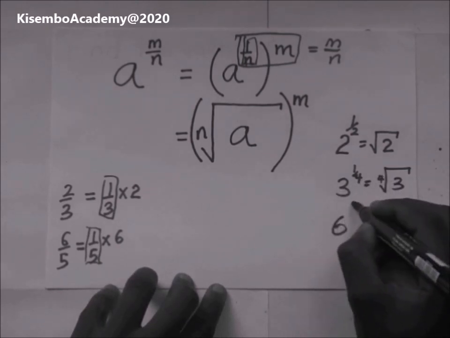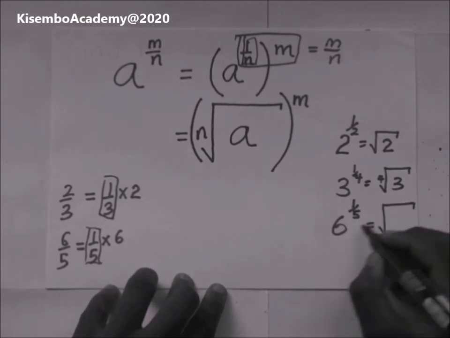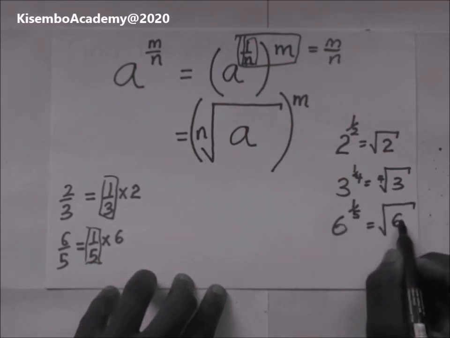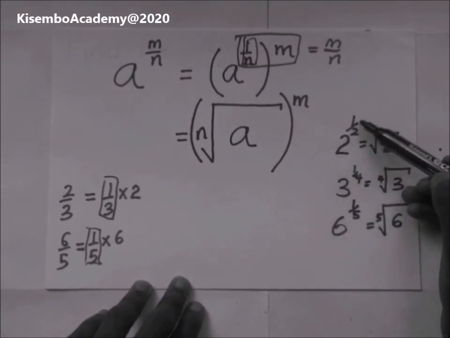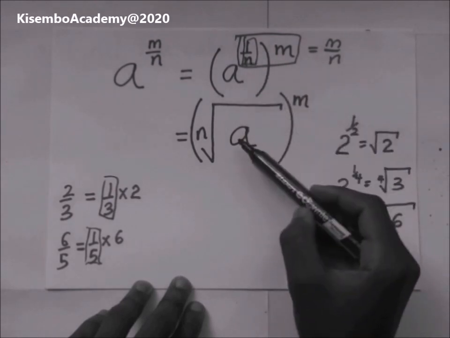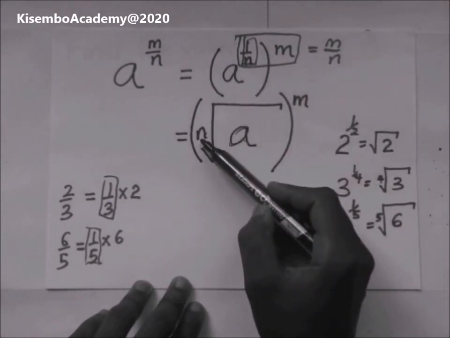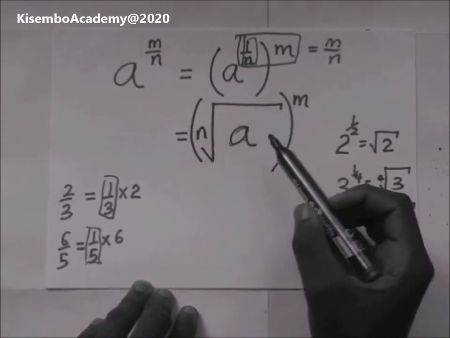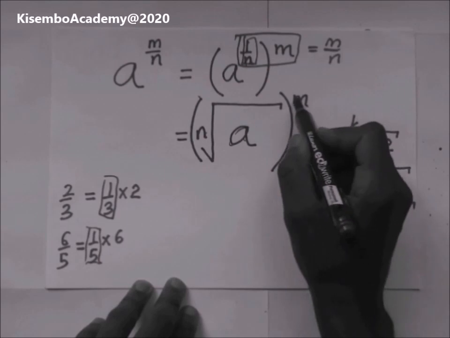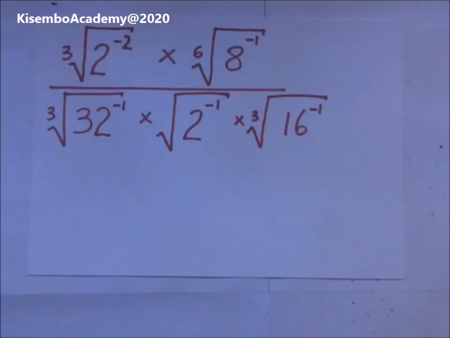If it is 6 to the power 1 over 5, it is equivalent to the fifth root of 6. That is what this means, 1 over n. So here we have a to the power 1 over n as the nth root, n can be any number, of course not 0. Then all this is to the power m. And this is the interpretation of that.